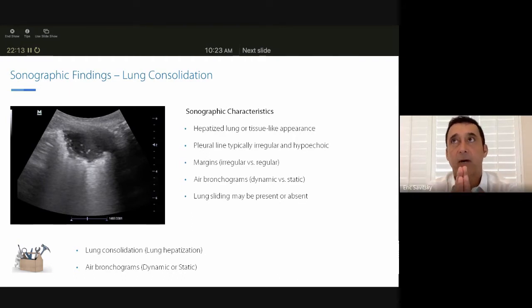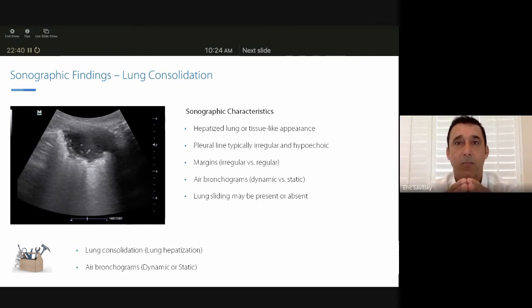All right, so we started to allude to this a little bit earlier. The other term to become familiar with is lung consolidation. And once again, when you say lung consolidation, you actually wind up seeing the lung. And like we started this discussion, you don't see normal lung parenchyma in a normal healthy lung. When you actually do see the lung, in lung consolidation, you're actually visualizing the lung parenchyma, which is what you're seeing here.